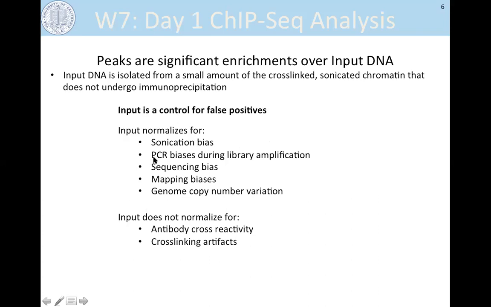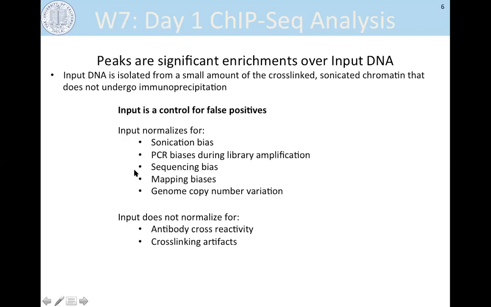Input also controls for PCR biases during library amplification. So we know that there are certain DNA sequences that are preferentially amplified. However, those sequences will also be preferentially amplified in your input DNA. So input will control for those genomic sites.